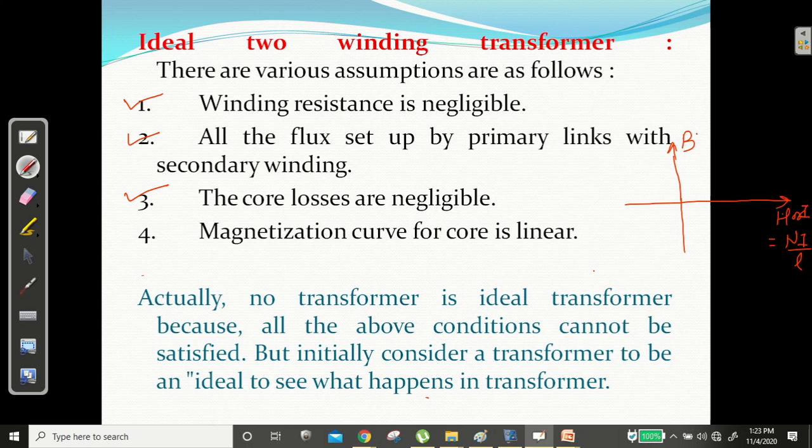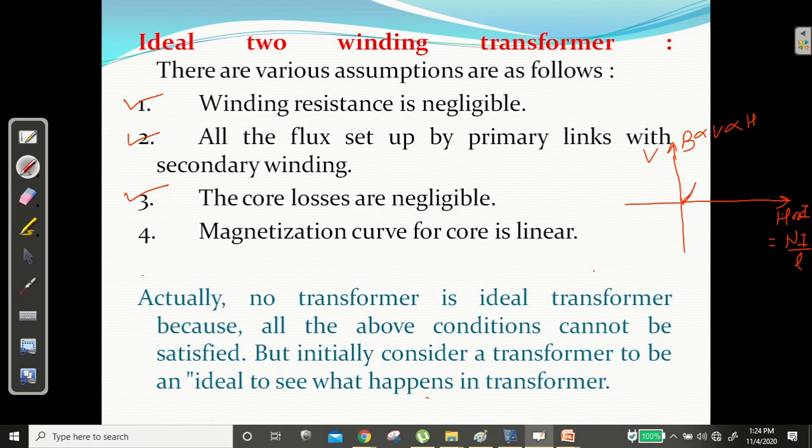Here B is proportional to V. So voltage versus I, or B versus H. It is like that. If you increase I, H will increase. And if you increase I, Ni will increase, and Ni increasing means H will increase. So B is proportional to H: B equal to mu 0 mu R H. We have studied this in basic electrical engineering.